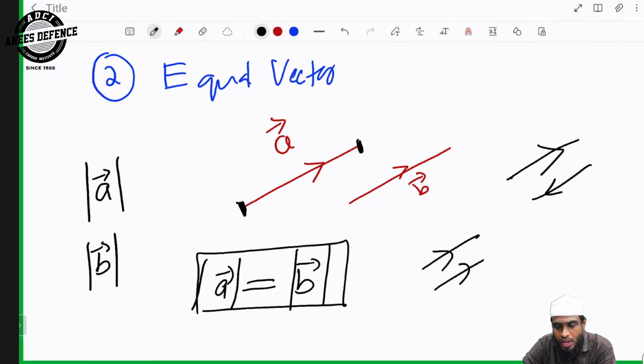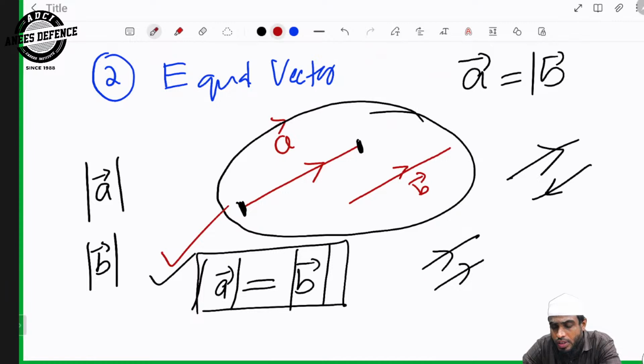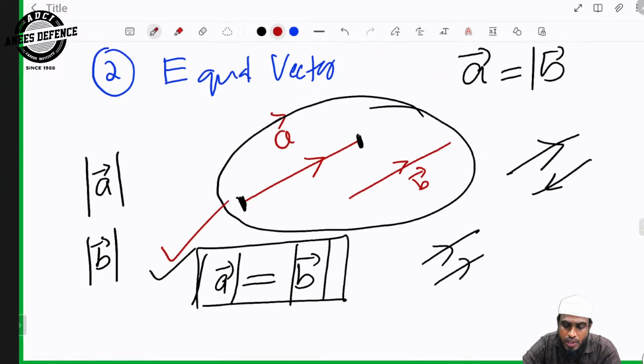So in parallel or anti-parallel vectors, if two vectors have the same magnitude and direction, then we can call it A is equal to B. Vector A is equal to vector B, because the magnitude of A is equal to the magnitude of B, and at the same time the direction is also the same. Therefore, the name equal vectors.